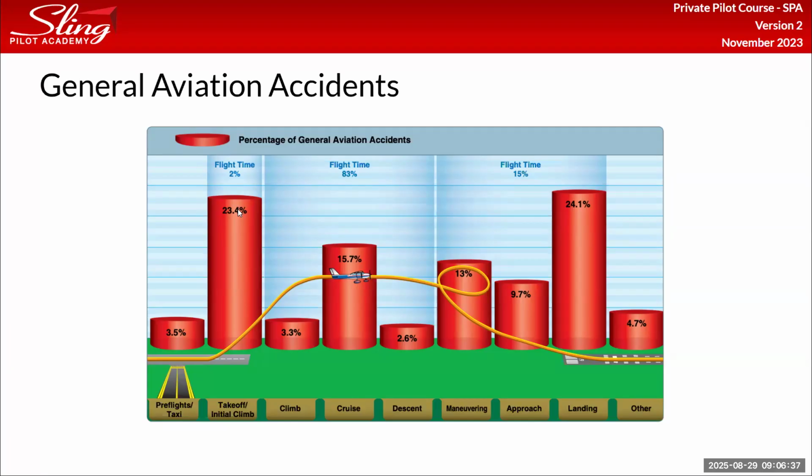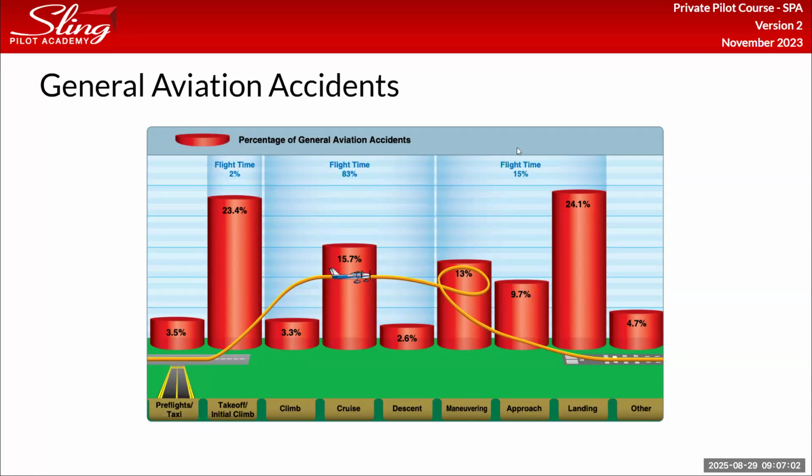In the run-up, you should be going through an emergency briefing with your instructor every single flight so that everyone's on the same page about our plan if the engine were to stop while we're taking off. As long as we have a plan in place before we take off, we're giving ourselves the best chance of getting back on the ground safely.